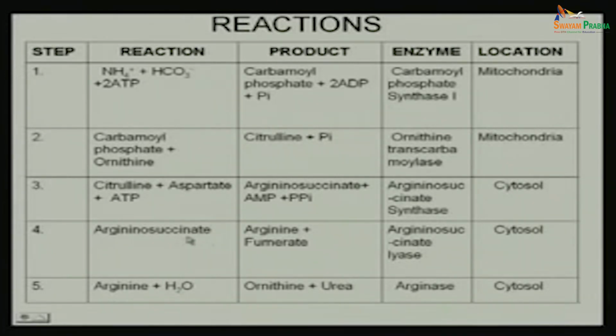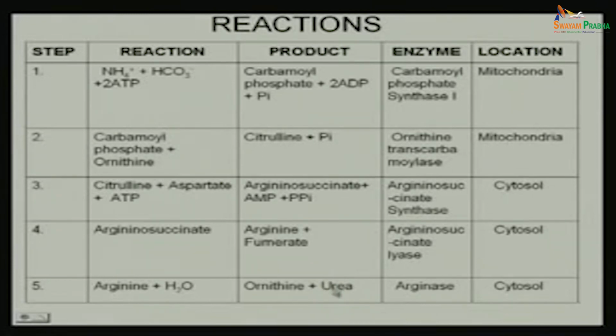Arginosuccinate, in the presence of arginosuccinate lyase, undergoes a lytic, breakdown process, and it forms arginine and fumarate once again, and this takes place in the cytoplasmic fluid of the cell. Arginine, in the presence of water, gets converted to ornithine and urea.